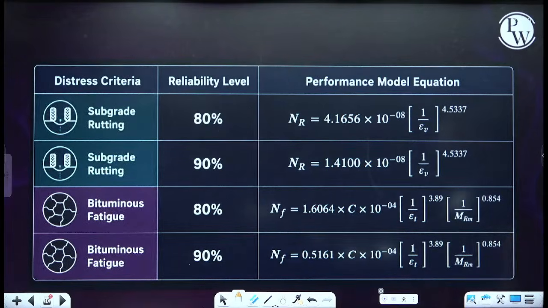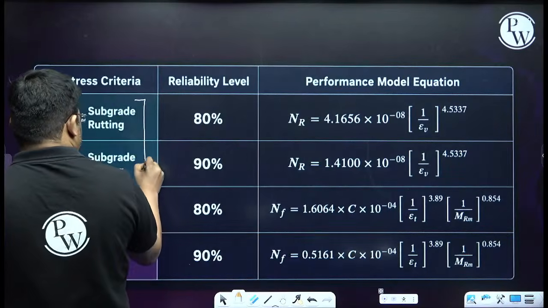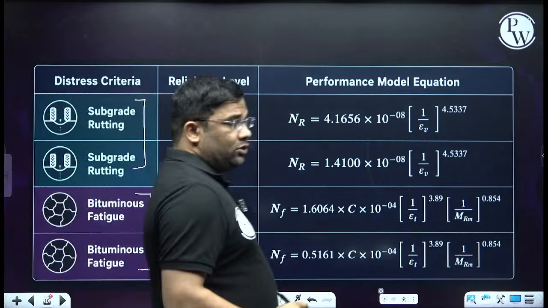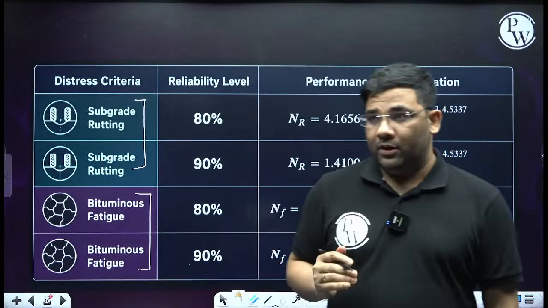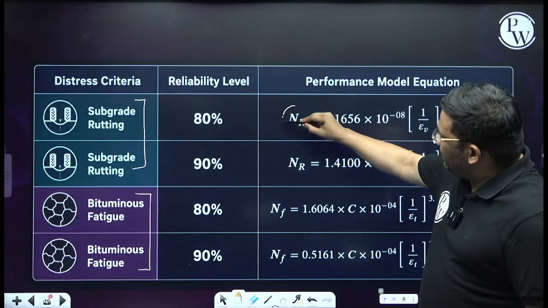So this is for subgrade rutting, and this is for fatigue cracking. Based on the reliability level, we have different equations. You see NR.